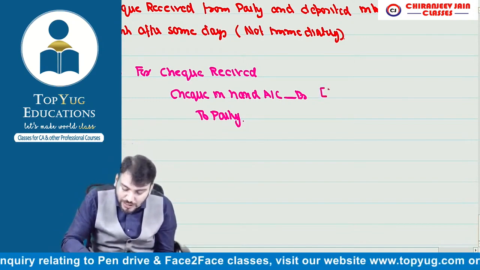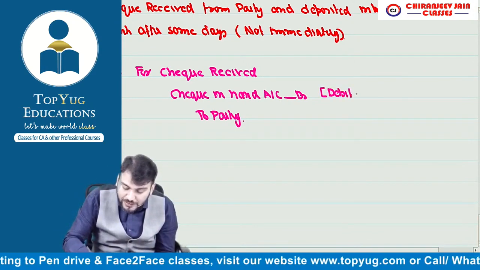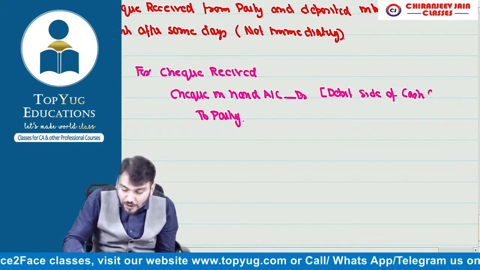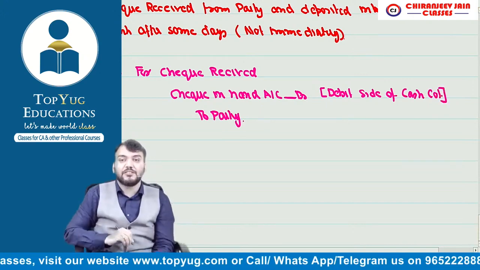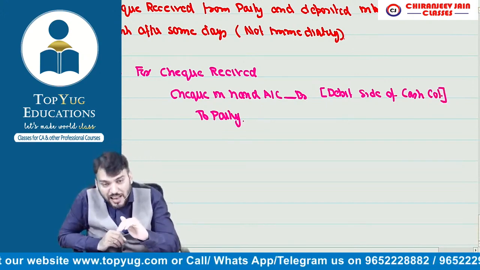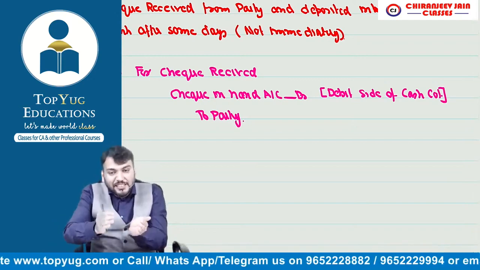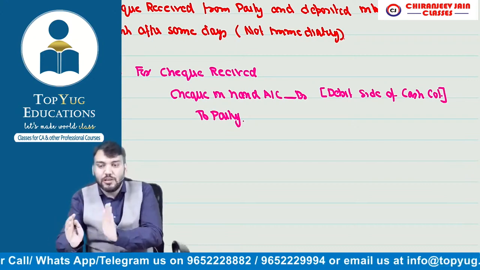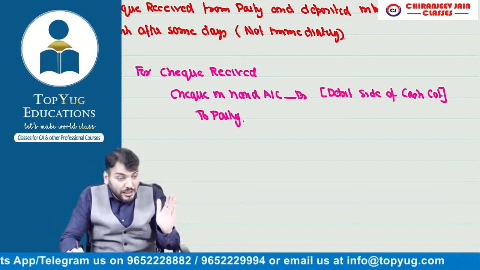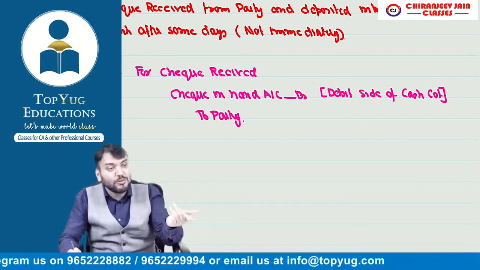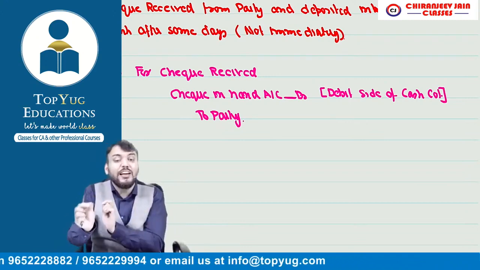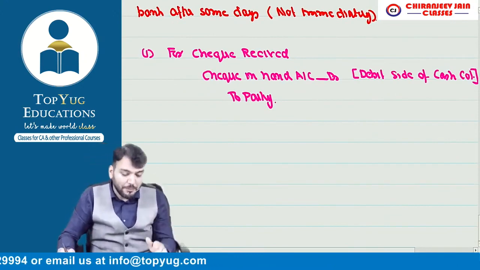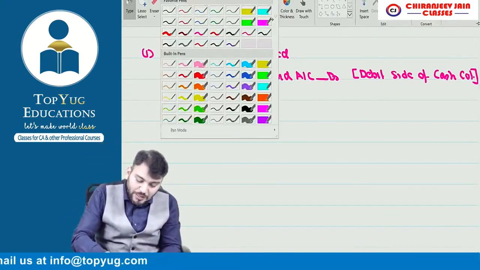So this will be posted in the debit side of cash column. We'll assume that this check is equal to cash, equal to a currency note. Are you getting it? We have some check and we can also endorse that check to someone, so it will be equivalent to cash but will not increase bank balance. Have you understood this point?